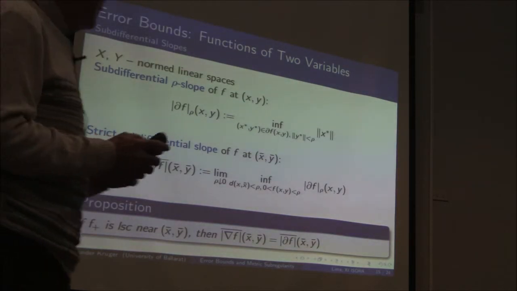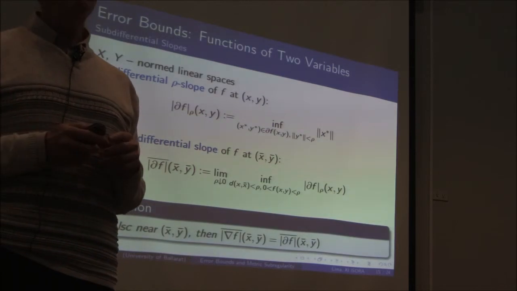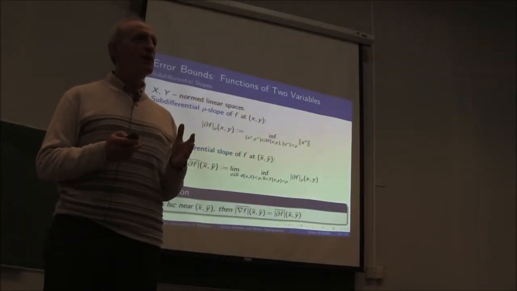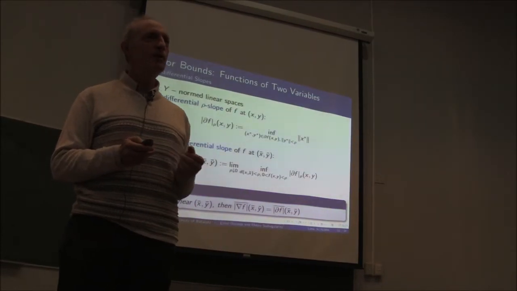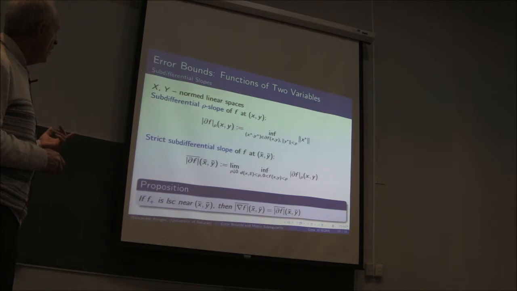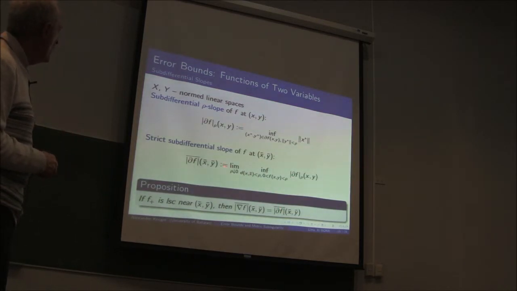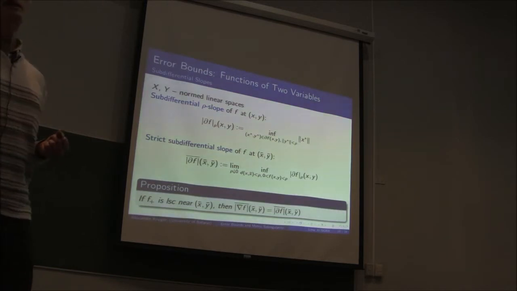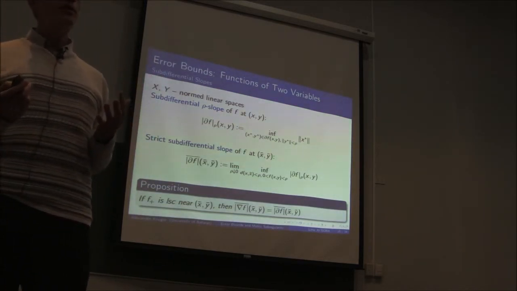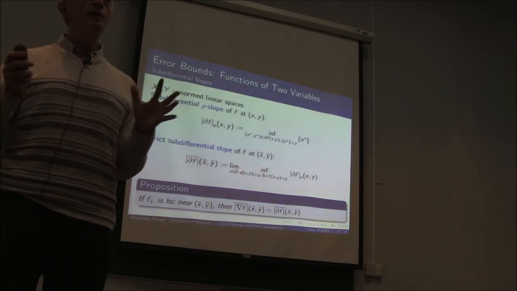I want to mention one more thing. In my question, which I asked Mark in the morning today about limits, what I meant, in principle, we can use limiting subdifferentials here in finite dimensional spaces. In infinite dimensional setting, it's not so easy to deal with limits.